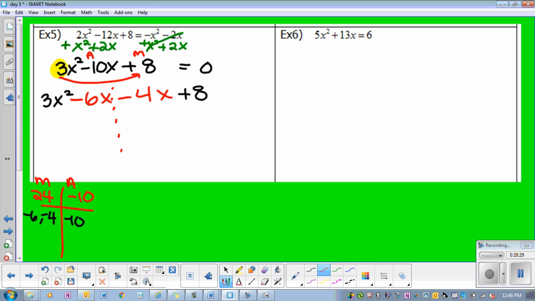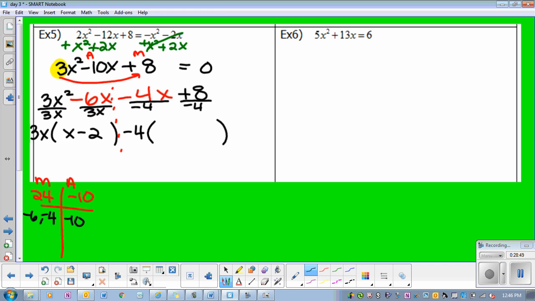Alright, divide it in half, GCF both sides. On the right hand side, remember your GCF is a negative 4 because it's starting with a negative. My parentheses match.